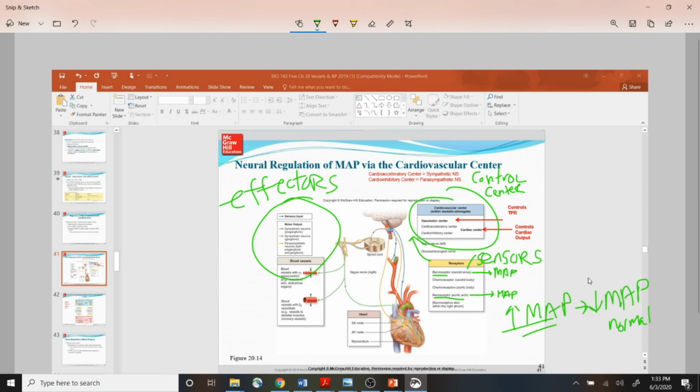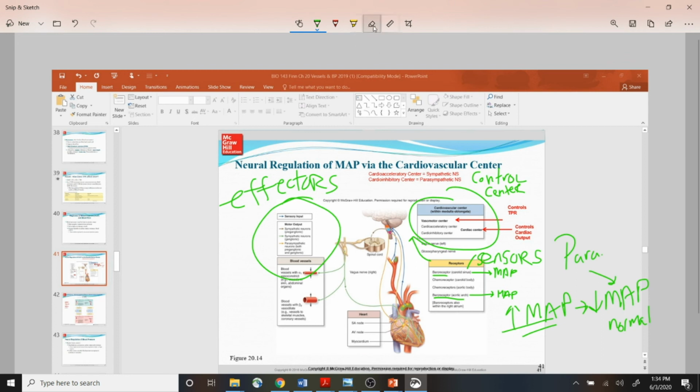So to make the opposite change, I'd want the parasympathetic system to predominate here, so that my blood pressure drops back to normal. The only thing is to tell the cardioinhibitory center to be active, which will tell the parasympathetic nervous system to be active, heart rate will drop, blood pressure will drop.